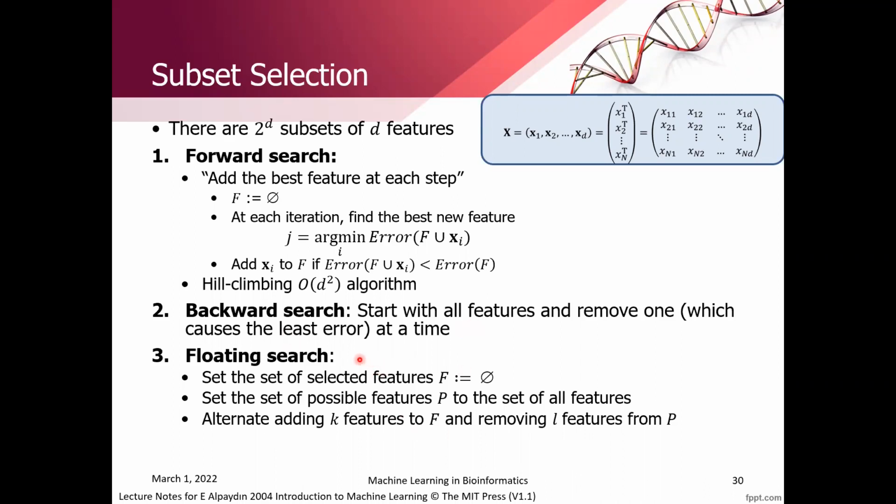Floating search is a combination of both forward and backward search. We usually use two constants, K and L, and in one phase of the computation we add K features to F and remove L features from P. F will be the set of features we would like to have, and capital P is the set of features we would like to remove.